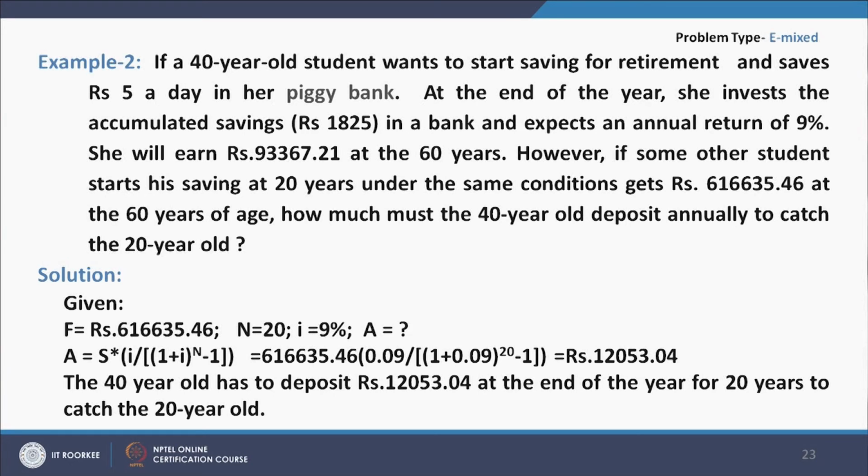So, we use the equation A is equal to F into, in the brackets, I divided by (1 plus I) to the power n minus 1, and find out the value of A, which is 12,053.04. So, the 40-year-old has to deposit 12,053 rupees 4 paisa at the end of the year for 20 years to catch the 20-year-old student.